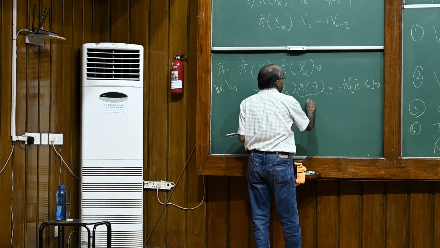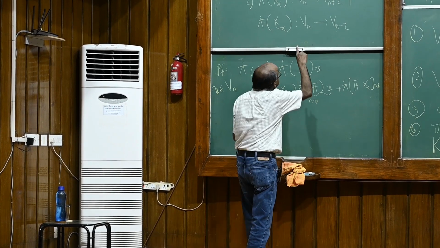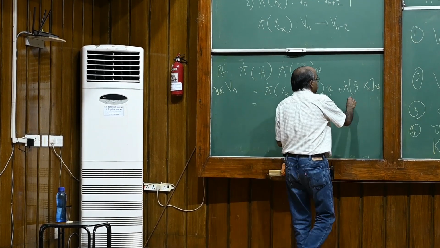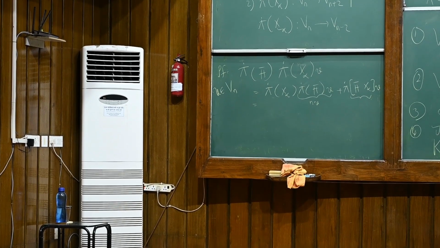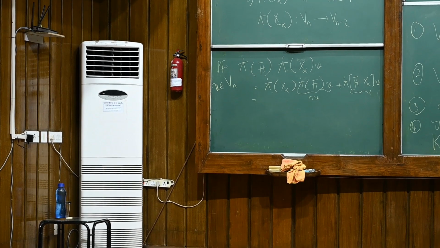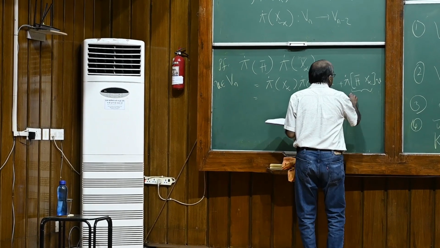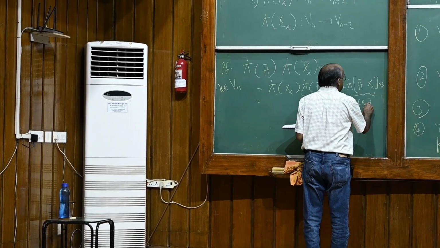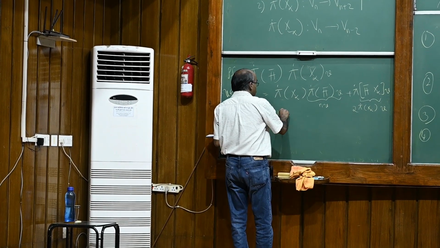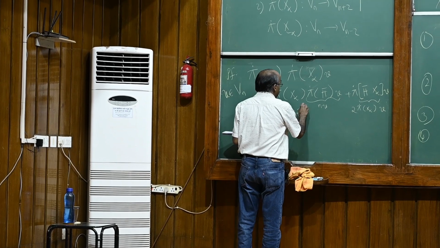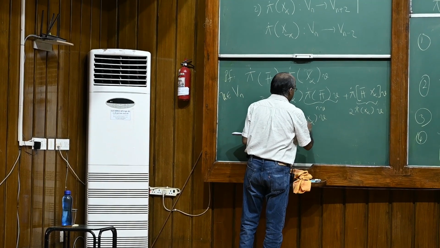So this is just n times v, right? From the first one. And here, this bracket, x bar bracket x alpha is 2x alpha. So this is just pi dot of x alpha v, right? So I'll get n plus 2 times pi dot of x alpha v, right?